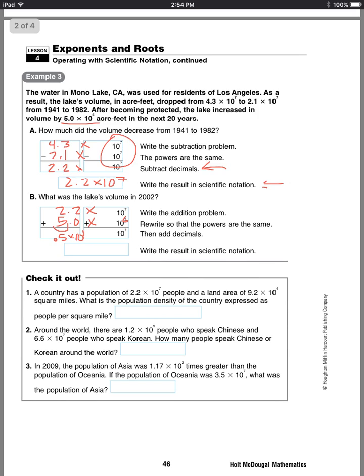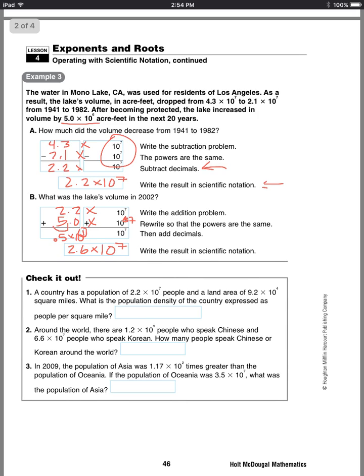And because there's a positive 1 on my exponent, I can make that 6 a 7 now. So now instead of having 2.2 plus 5, I have 2.2 plus 0.5, which is 2.6 times 10 to the 7th.